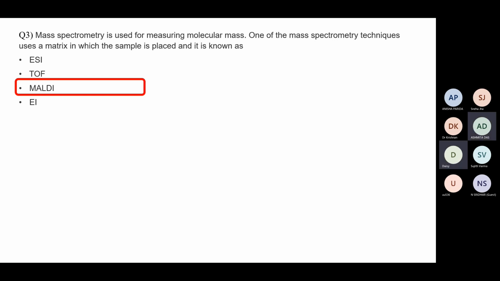It gives us the mass to charge ratio of a molecule. And what are all the components? It has an ionizing unit and a detector.